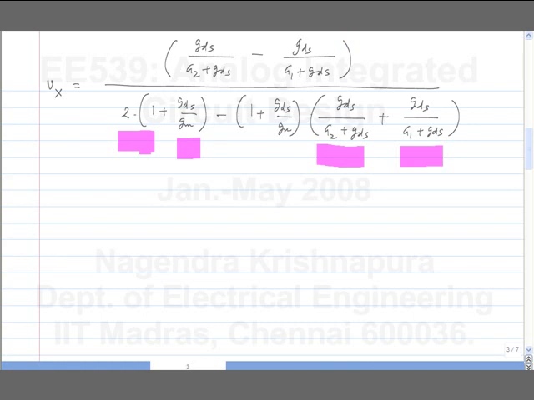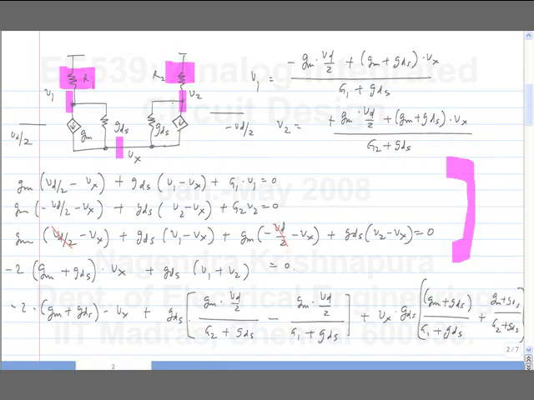So the first two conditions are obvious. G1 equals G2, this is symmetry, and then GDS equal to 0. What happens is really that if GDS is 0, these two are ideal current sources. So what happens on top doesn't affect what happens here. It will pump an ideal amount of current.